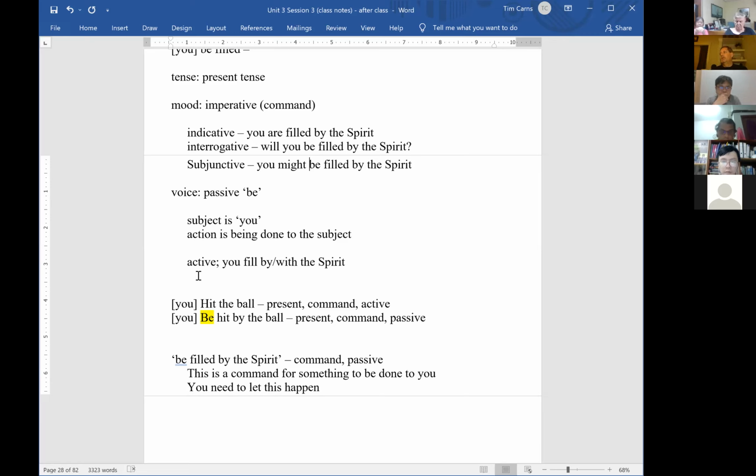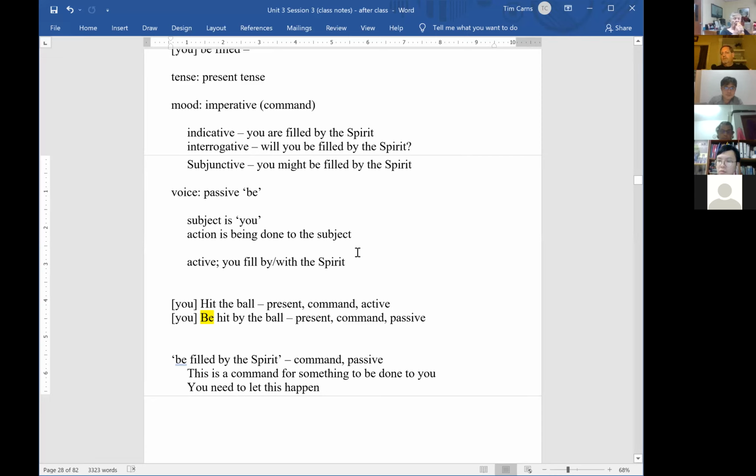He doesn't say, you need to open your Bible and read it and do what it says so that you would be filled by the Spirit. He doesn't say that. Now, there are actions that take place to put ourselves in the position to be filled by the Spirit, but Paul doesn't give those actions. All he says here is to be filled by the Spirit. Just like if I told you, be hit by the ball.